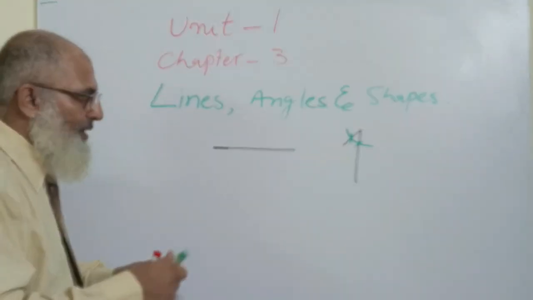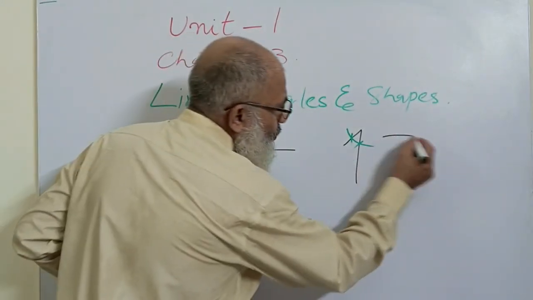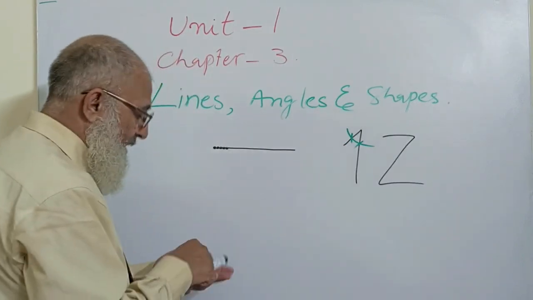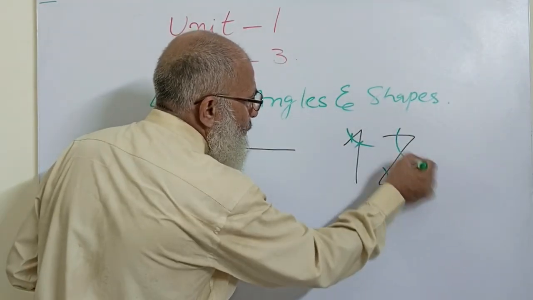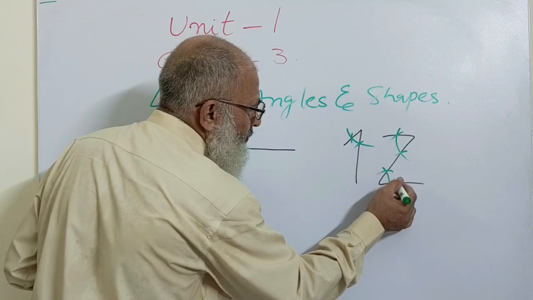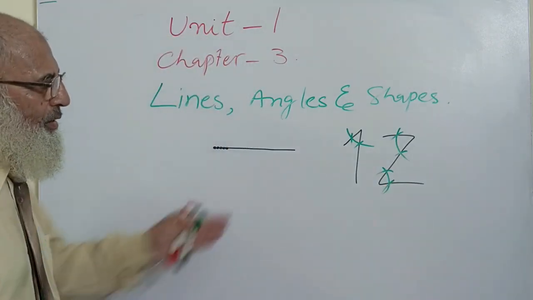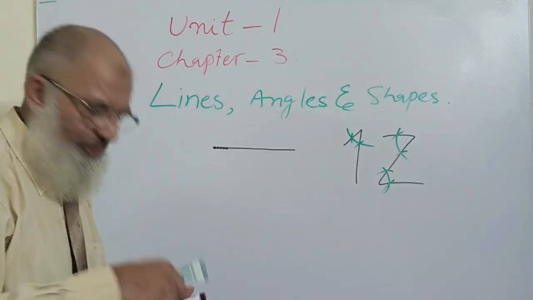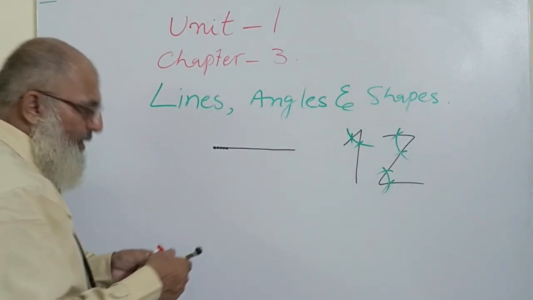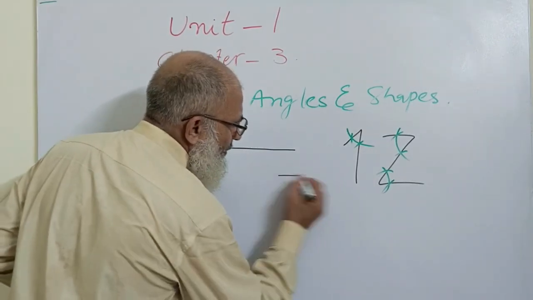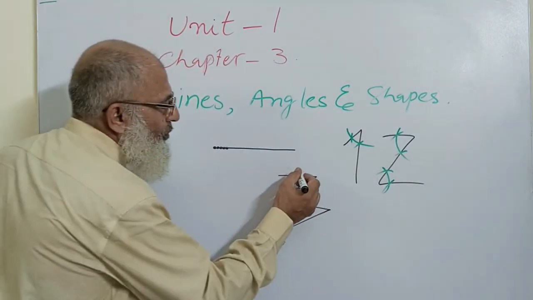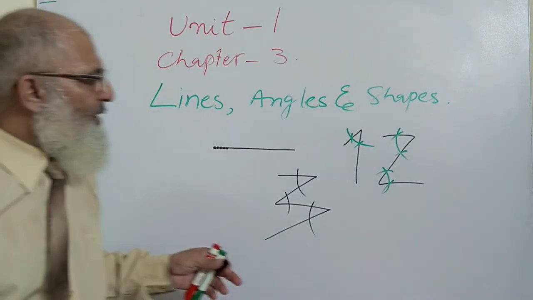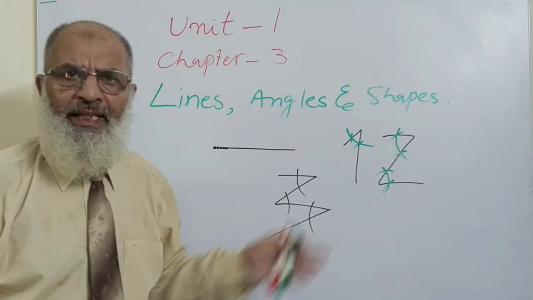And if I write 2, now 2 was like this, like a Z. So there were two angles, 1 and 2. You see, 1, 2, and similarly 3, one angle, second angle, and third angle, and so forth up till 9.